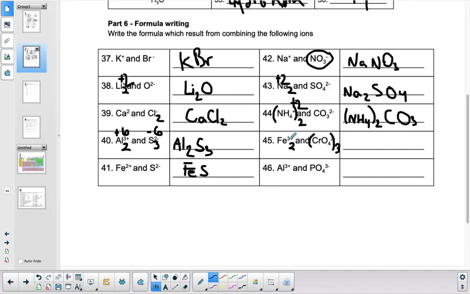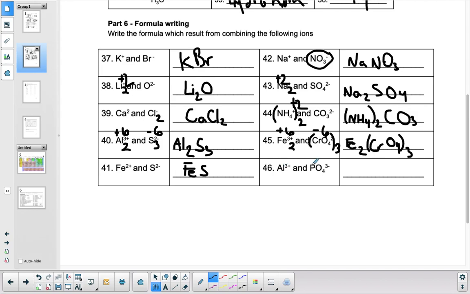So our resultant charges, positive 3 times 2 is a plus 6 charge, negative 2 times 3, negative 6 charge. So that's going to cancel out. So you'd have Fe2, and then parentheses, because remember we need to change the whole polyatomic ion, CrO4, and then we're having 3 of those polyatomic ions.